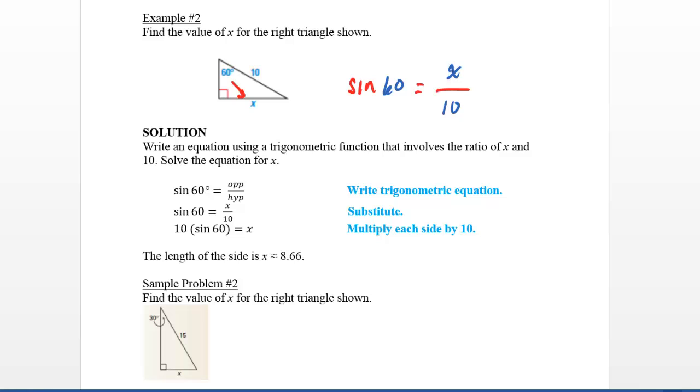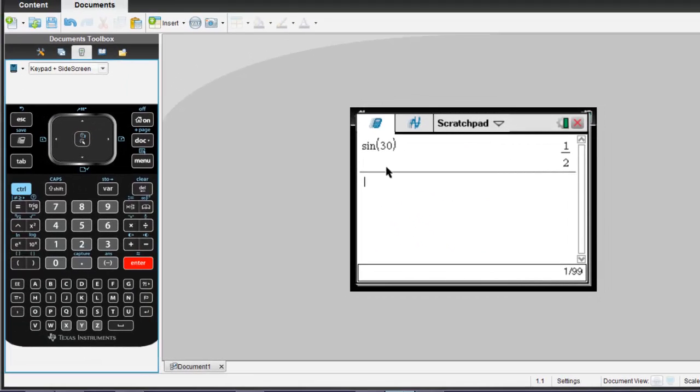Now, to find x, we have a fraction here, so we're going to multiply both sides by the denominator. If I multiply this side by 10 and that side by 10, I'm left with x equals 10 times the sine of 60. Now, let's take a look at how that plays out in your calculator.